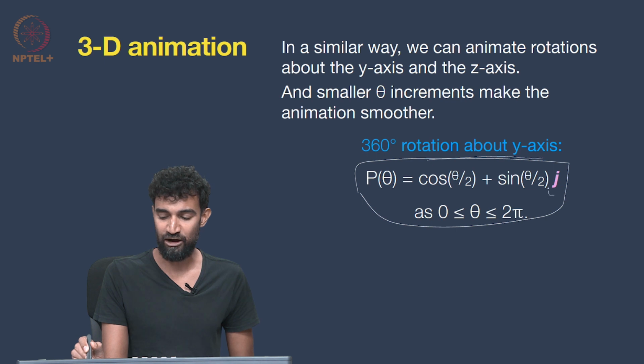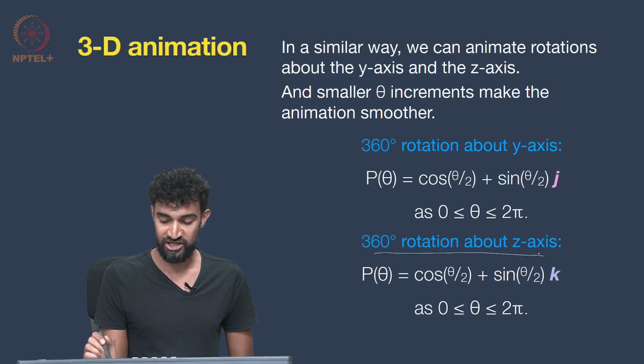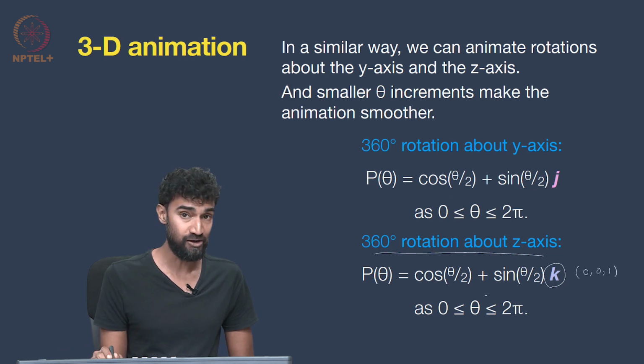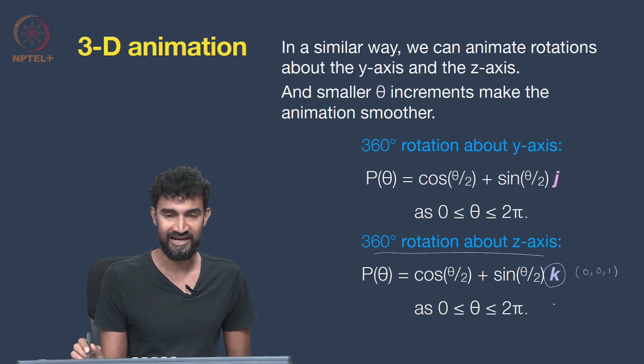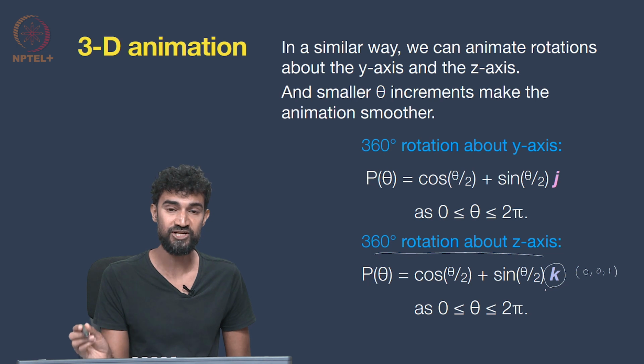The only difference is that now my axis is given by 0, 1, 0. And the 360-degree rotation loop about the z-axis is given by a very similar formula. Now my axis is given by 0, 0, 1. There's no i or j terms. So we can actually see the Blender versions of these animations now.